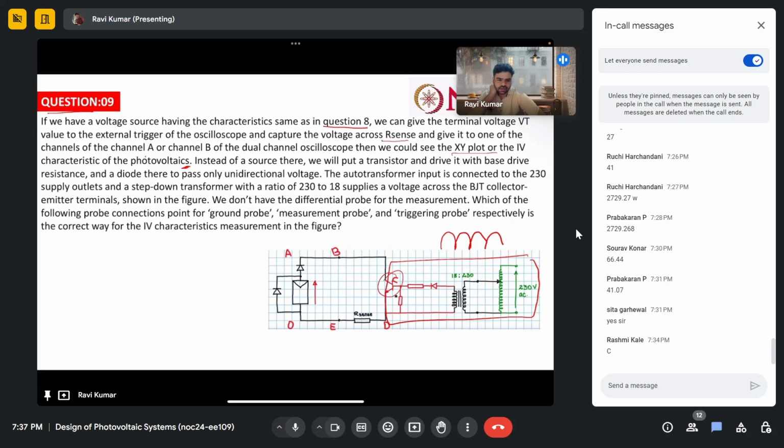So in experiments also we can change this voltage using this particular circuit. So it is just asking about the points at which we need to connect the probe. So let's continue the question.